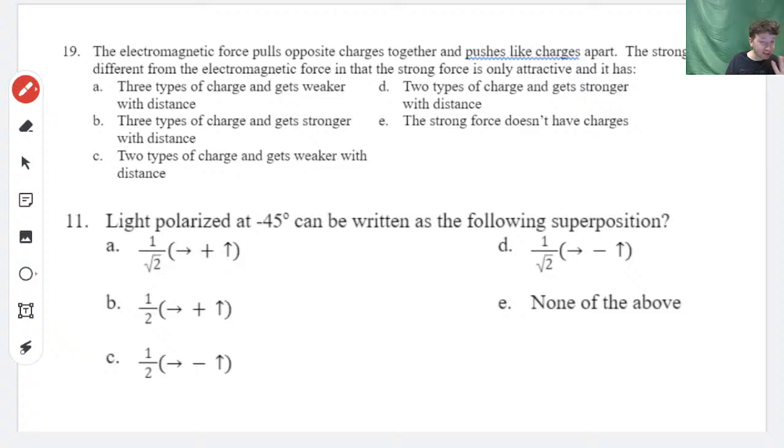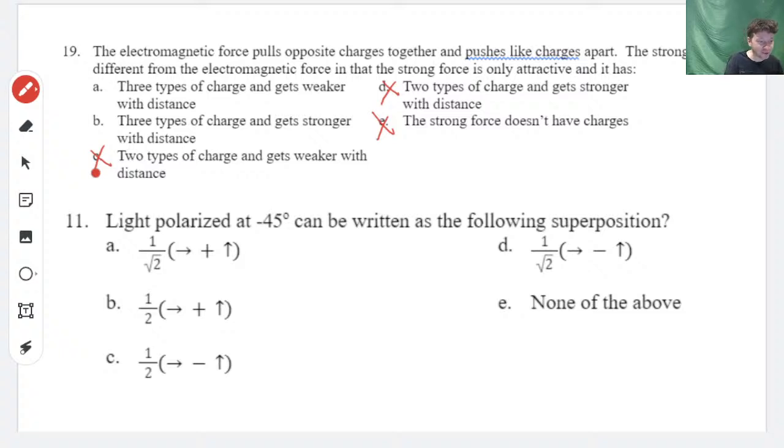It has 3 types of charge. We call this color charge. And so we have our red, blue, and green color charges. So we have 3 types, not 2. So these are automatically off the table. Okay. Now, the interesting thing with the strong nuclear force, unlike gravity, the further apart you get, the stronger it becomes.